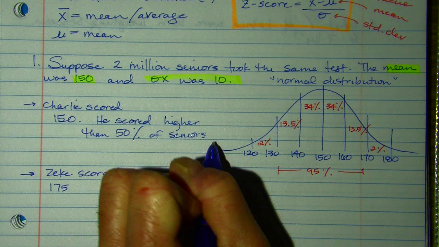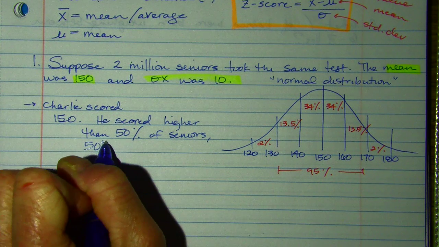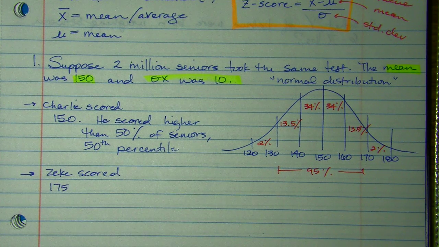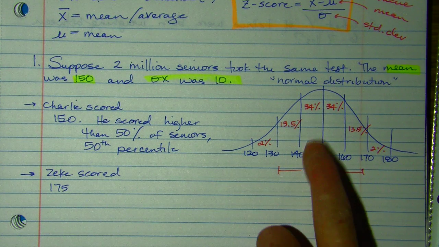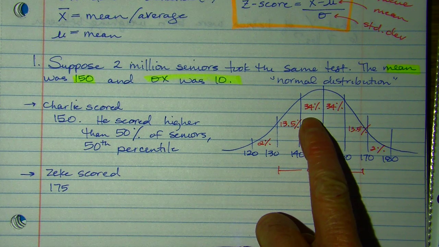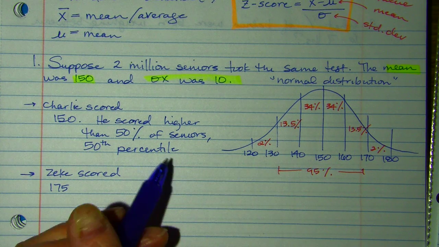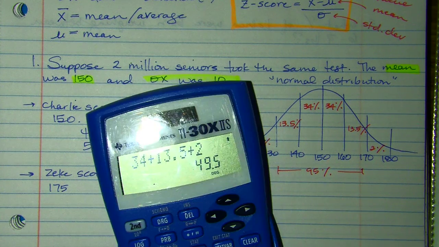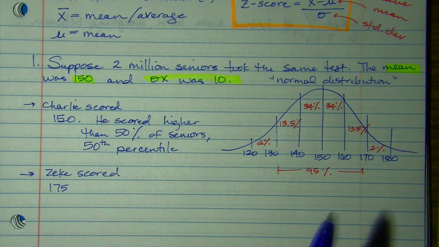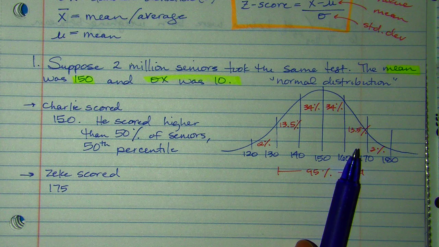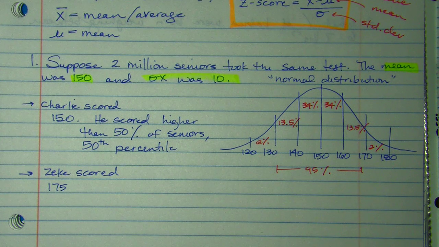So we would say he's in the 50th percentile. Okay. And I know that because if he scored a 150, 34 plus 13.5 plus 2 is 49.5. Do you see it? And so he scored in the 50th percentile because 50% of the students are underneath him. So that is using the normal distribution table.